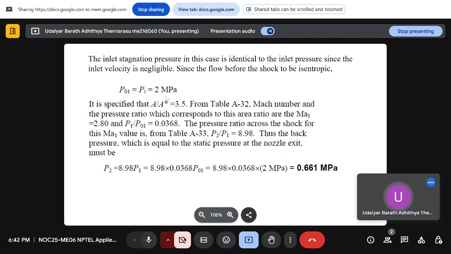P naught 1 equals the inlet pressure, 2 megapascal, and it is also said that A by A star, the exit area to the throat area, is 3.5. Using the compressibility table, we find the Mach number and the pressure ratio corresponding to the area ratio: M1 is 2.8 and P1 by P naught is 0.0368.